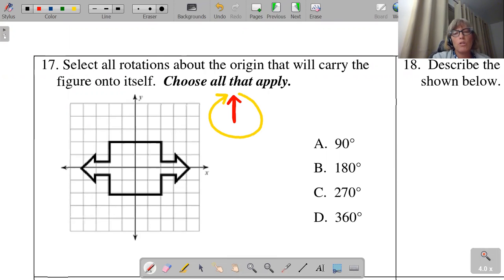If I have an image like this, I'd only have to rotate 180, and I'd end up with the same image. So here, to get the same image, you would simply rotate 180.